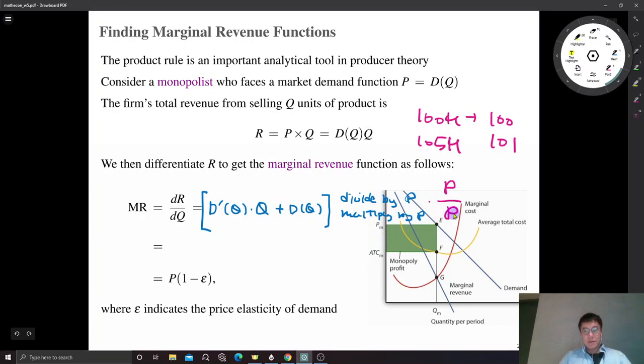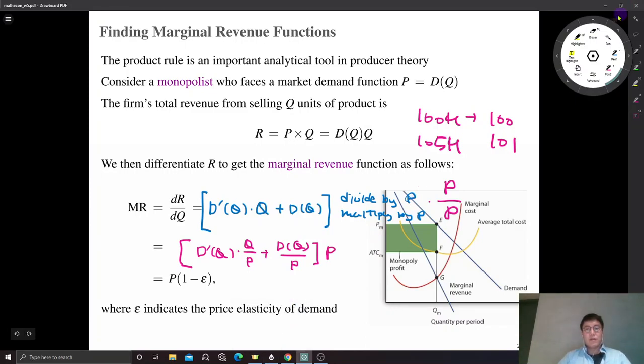Then if I distribute the price on the bottom inside the bracket, I'm going to have d prime times q over p, and d of q over p. And I have one more p outside, so I'm going to have this.